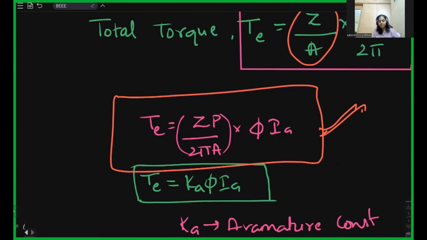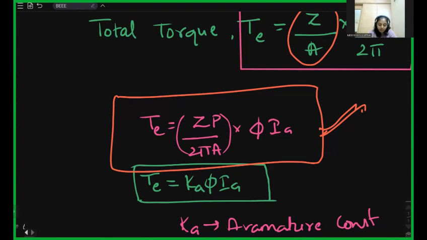So here we can see that the number of conductors, number of parallel paths and the poles, etc. are constant for a single motor. The only thing which is changing is the current which is given to the motor and the flux which is generated by the motor, the magnetic field.